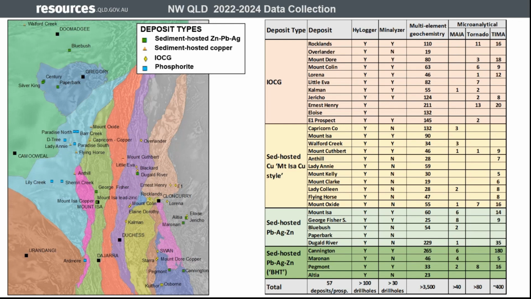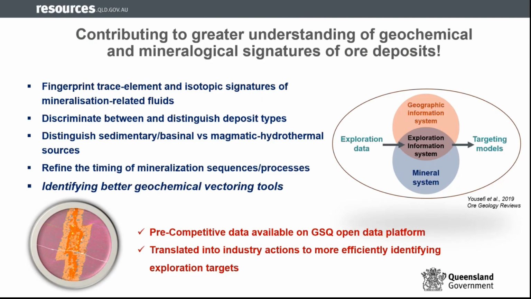Or if you have deposits or drill core where you think you can use our approach, our method, to resolve your questions, please talk to us. We will be happy to work on your drill core, on your samples, and help you to answer your questions. So hopefully all this data, all this information will be a great addition to understanding the geochemical and mineralogical signatures of ore deposits.